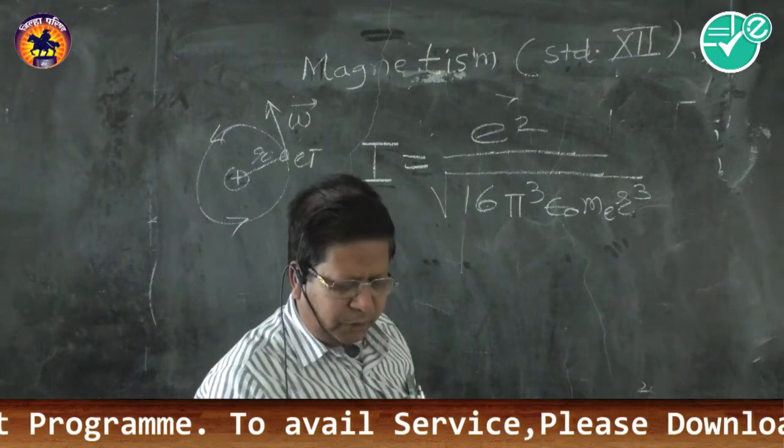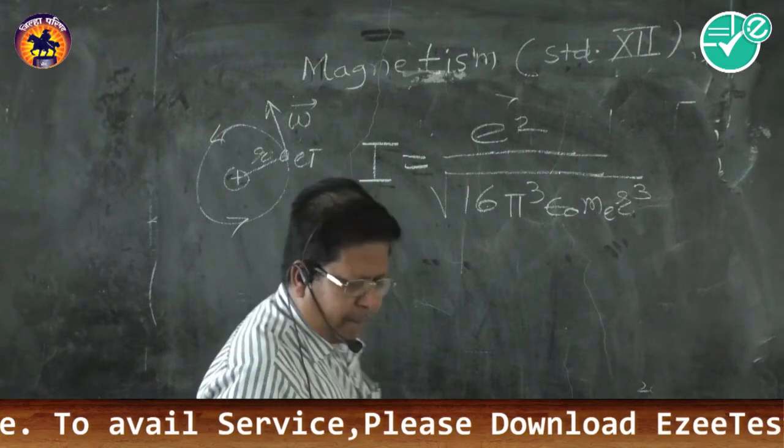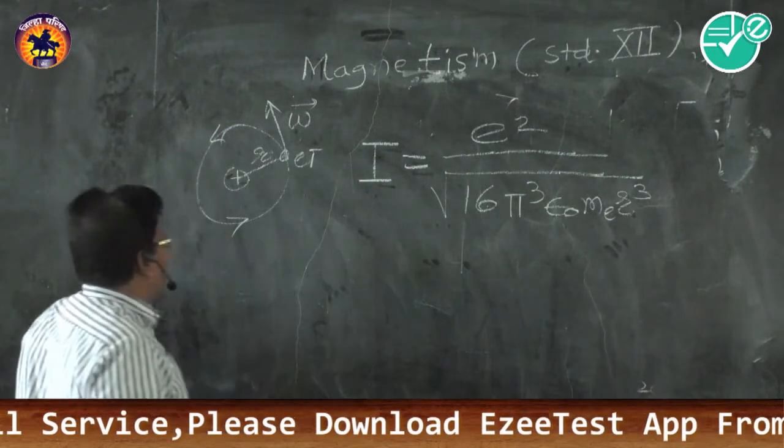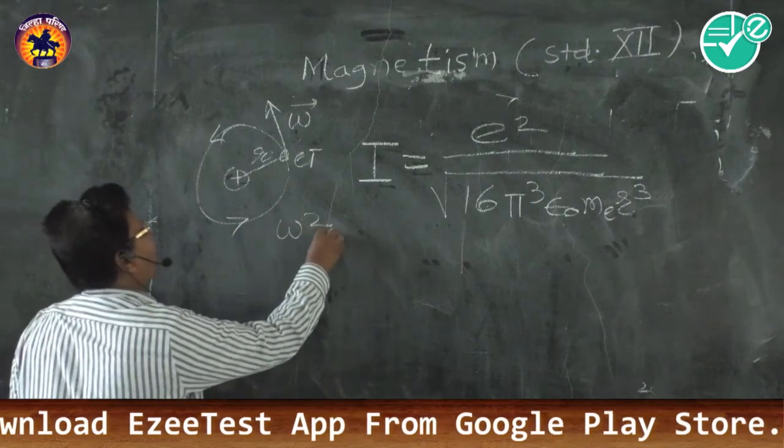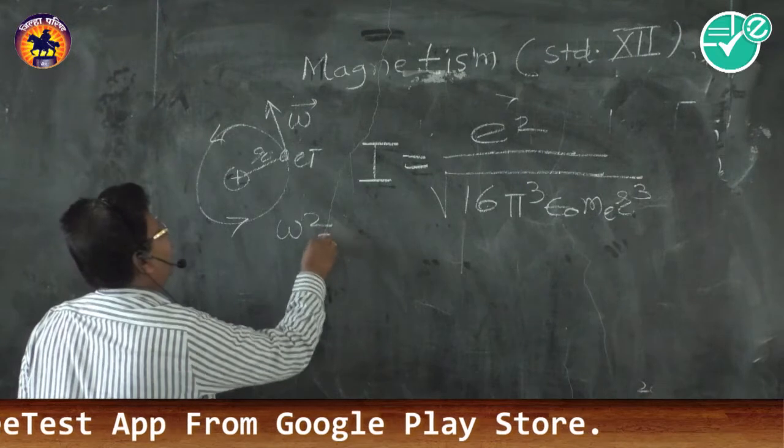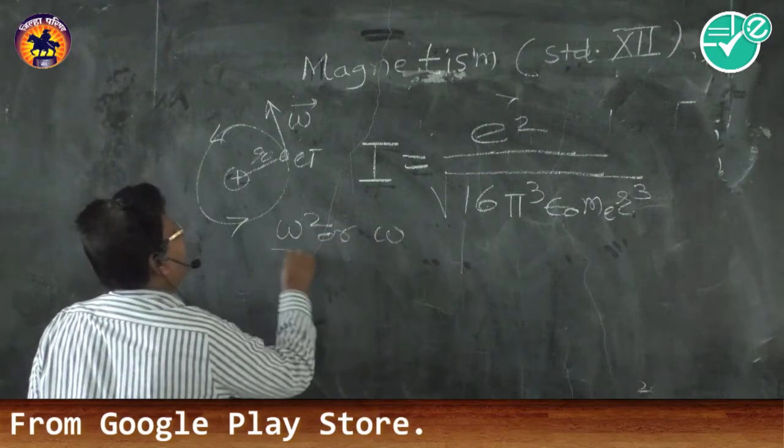And to show this, we must know first of all the value of omega square or omega.